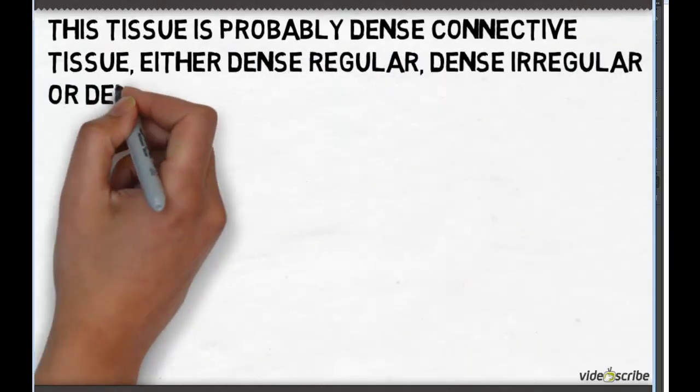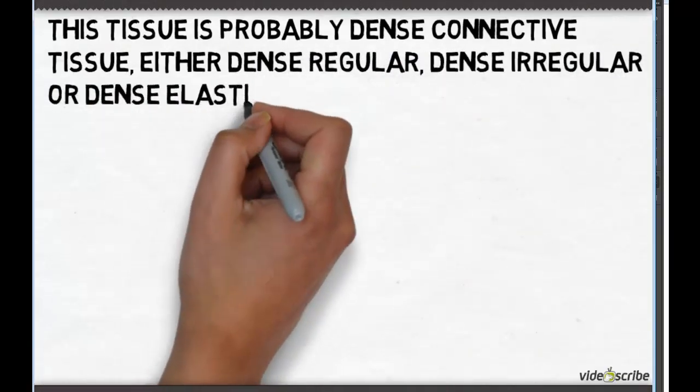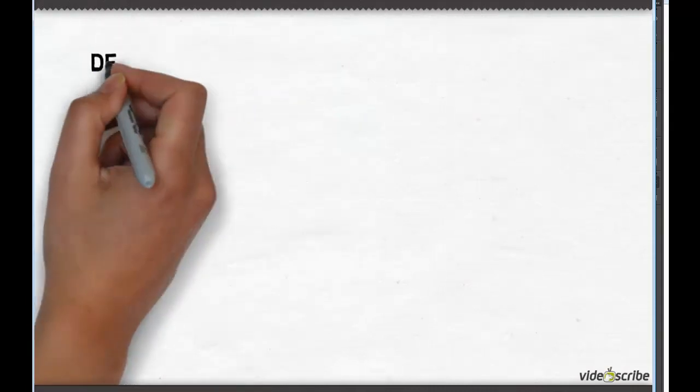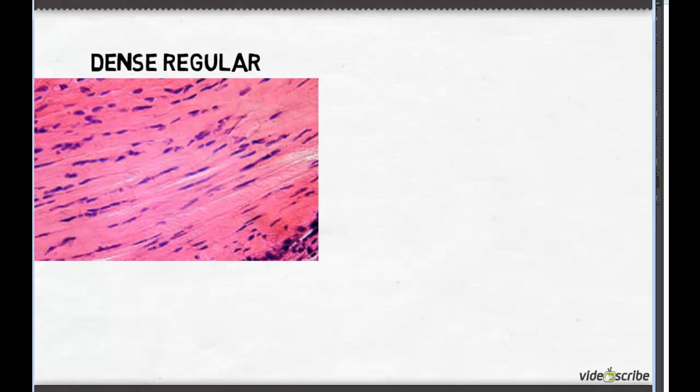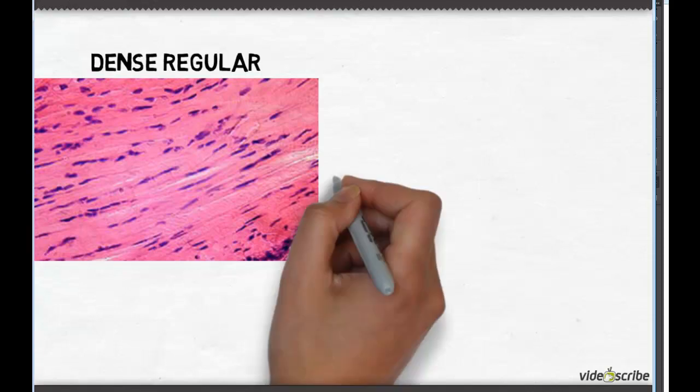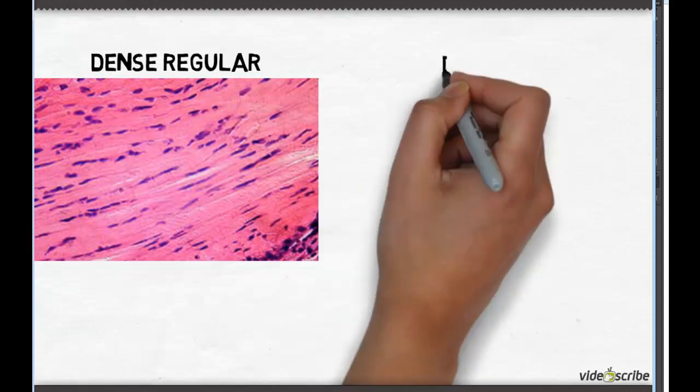Dense regular connective tissue is composed of tightly packed, well-organized collagen fibers. Fibroblasts that produce the collagen are visible, squeezed between the fibers. Dense regular connective tissue is found in tendons, ligaments, and the cornea of the eye. Tissue is typically strong and resilient in one direction.